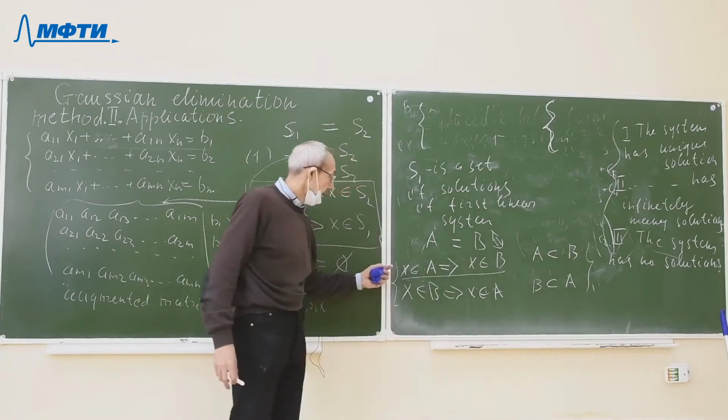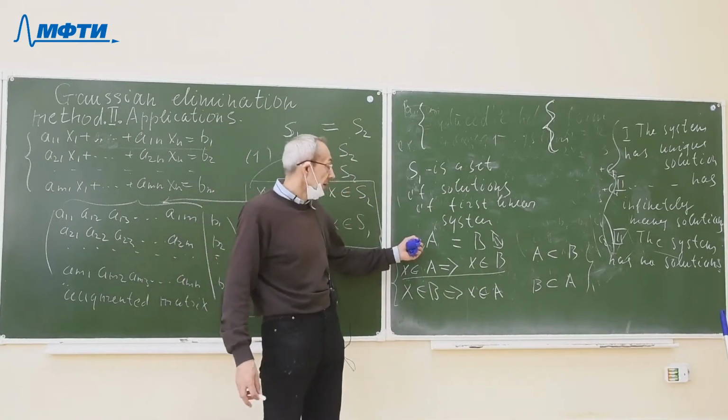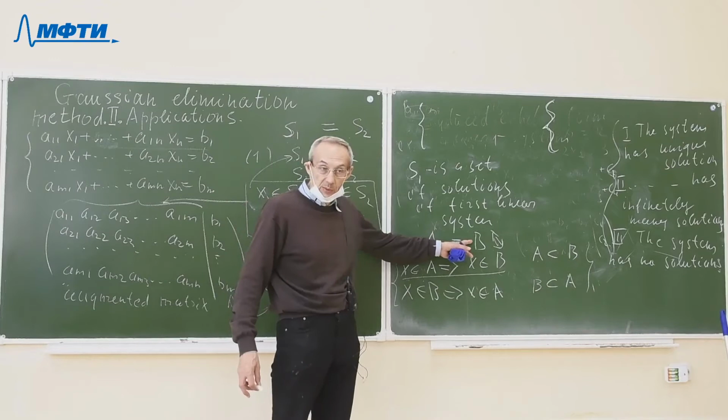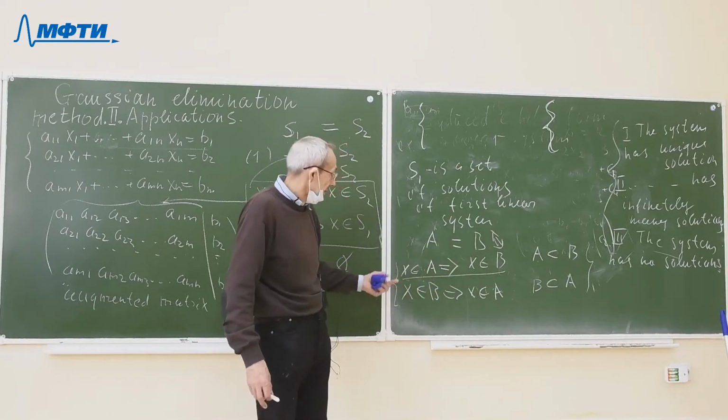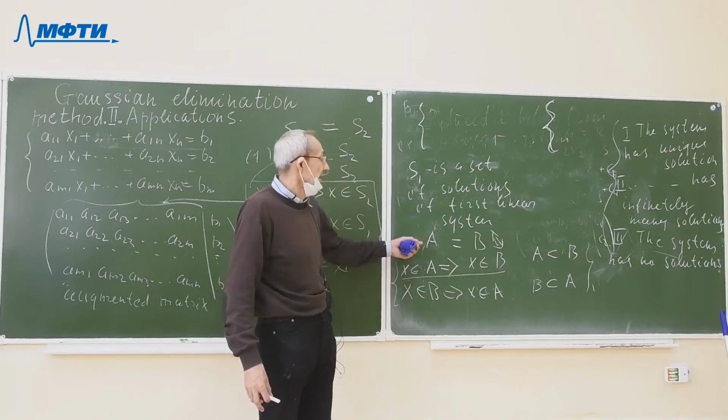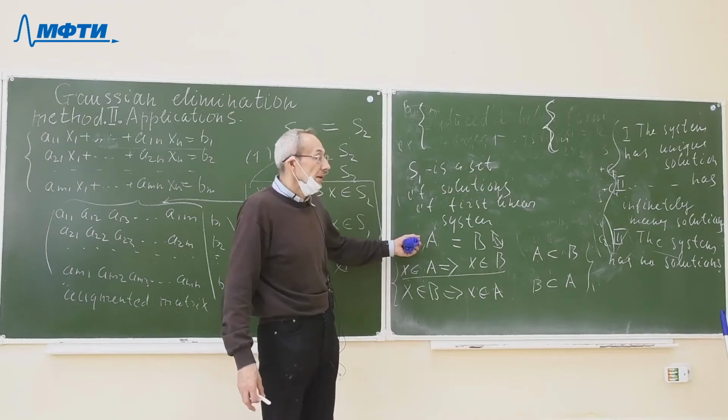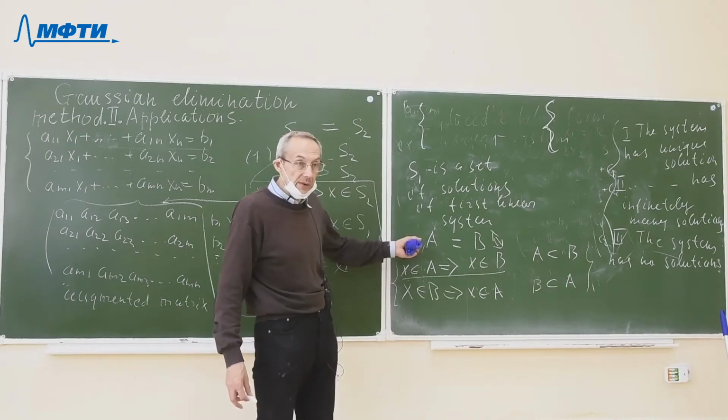And this set can be empty, and that set can be empty. In this case, two empty sets coincide also.